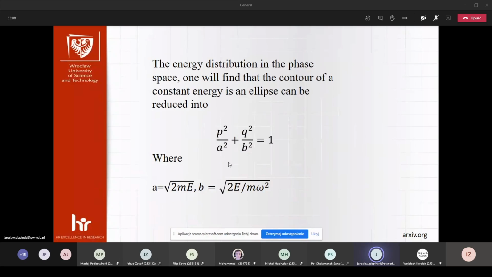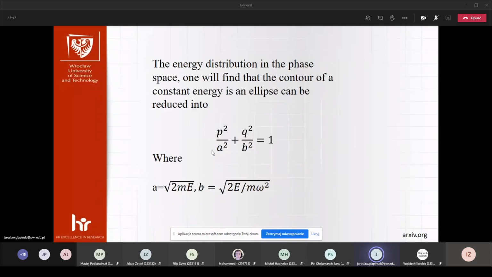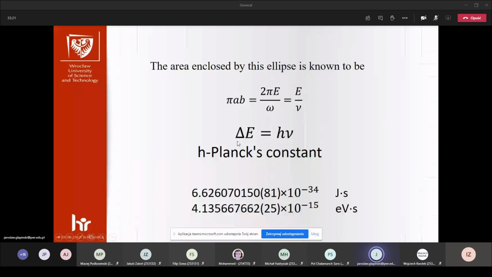Okay, so the most important for you is the Planck constant. I was trying to show you where it comes from, but maybe if anyone is more towards physics, they can show us in some slides.